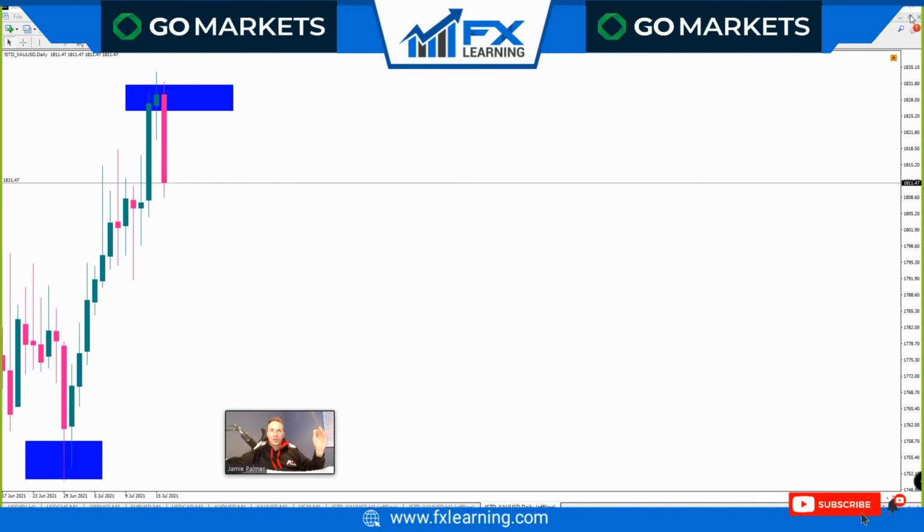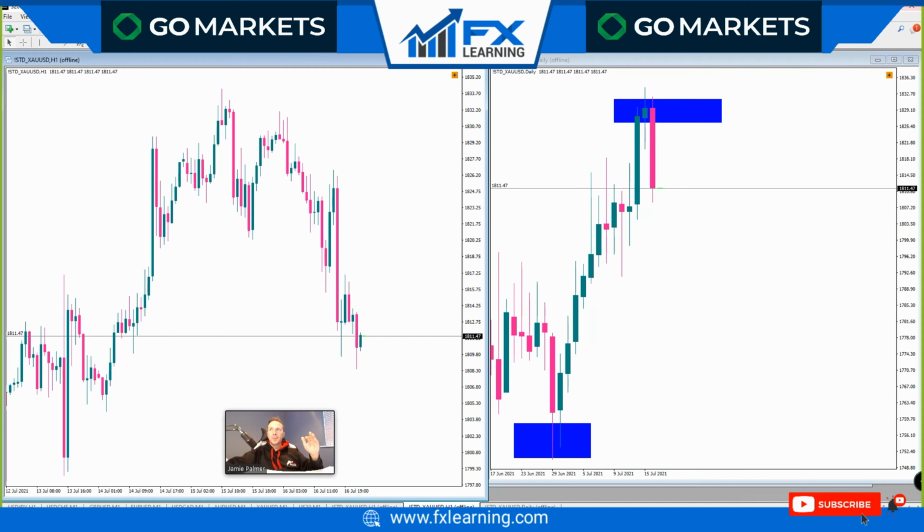When you put that together with the 1 hour and you start to see price coming down like this, trend down, pull back, trend down, pull back, what do you think is going to happen? We're going to go down. I'm putting both time frames together now. All the institutions are selling off the daily from this level, and all the retail, or the smart retail as we want to call them, are also selling here.